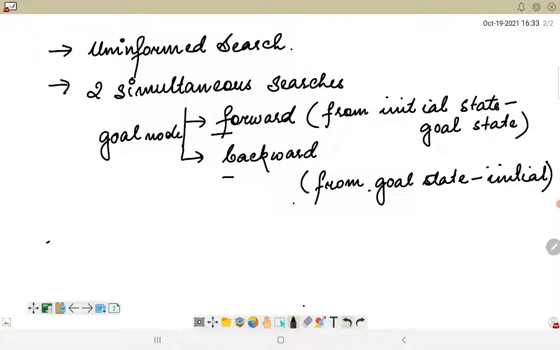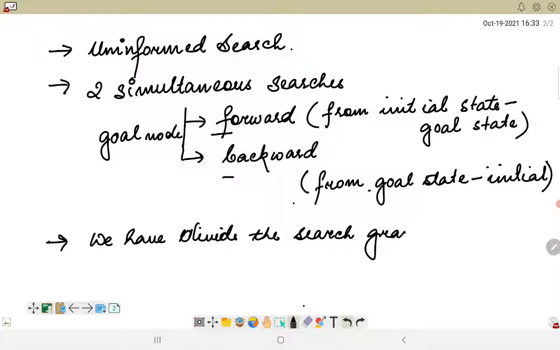To realize this, we have to divide the search graph into two small subgraphs. These subgraphs will help us implement the forward search and backward search.